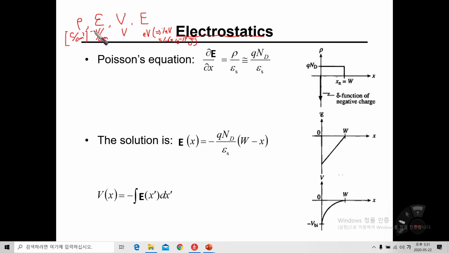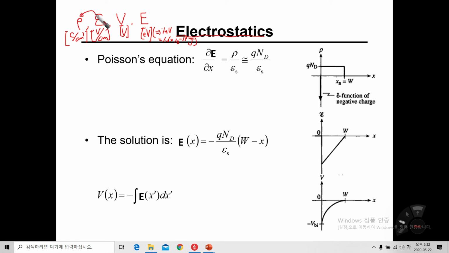So familiarize yourself with those four variables. Whenever we say we would like to know the electrostatics of my device, it means you would like to know those four variables: rho, charge density; E, electric field; V, potential; and E, energy of electrons.